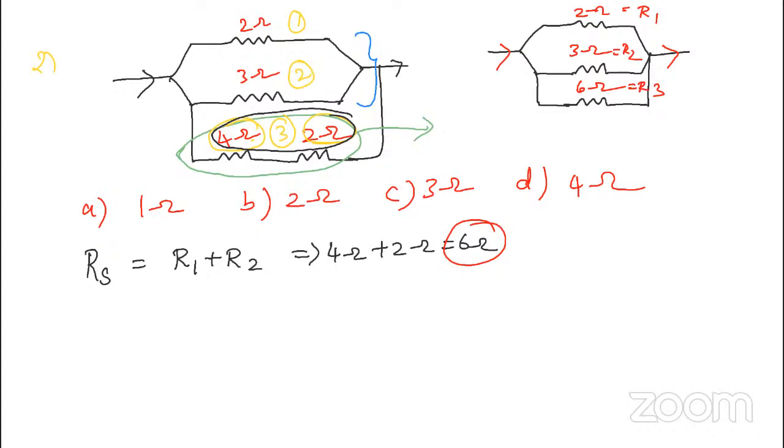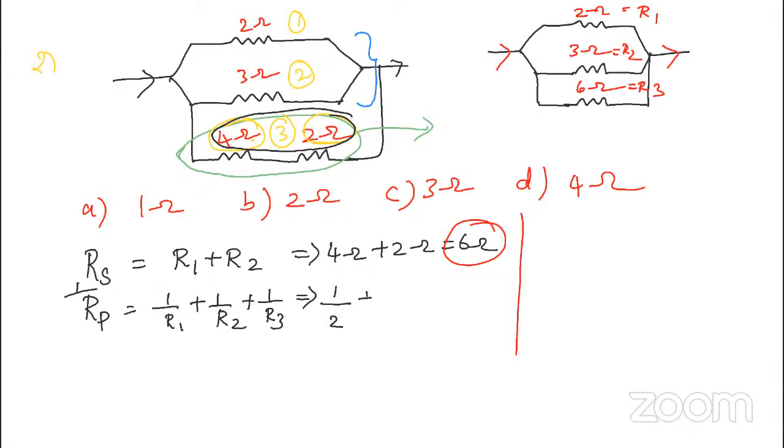To calculate parallel values we know the formula. Substitute the formula. What is the formula for the parallel connection? 1 by RP is equal to 1 by R1 plus 1 by R2. Here there are 3 resistances, so we take 1 by R3 also. So 1 by RP equals 1 by 2 plus 1 by 3 plus 1 by 6.